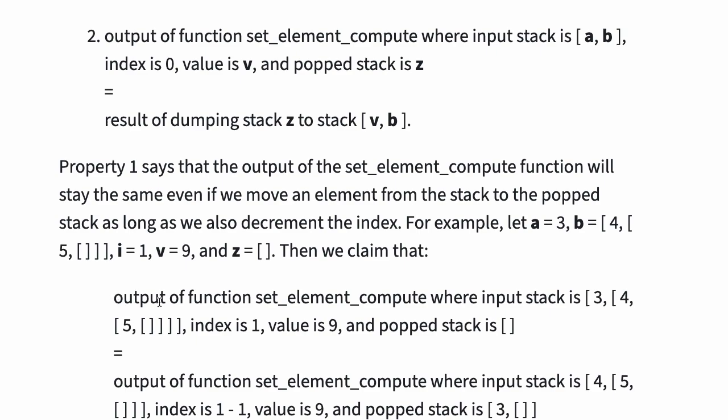Then we claim that the output of the function setElementCompute, where input stack is 3, 4, 5, index is 1, value is 9, and the pop stack is empty, is equal to the output of the same function where the input stack is 4, 5, index is 1 minus 1, value is 9, and the pop stack is 3.